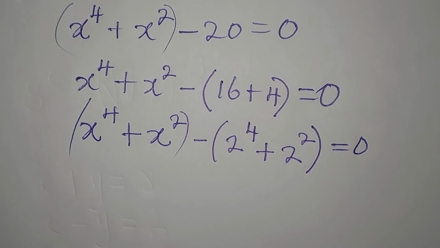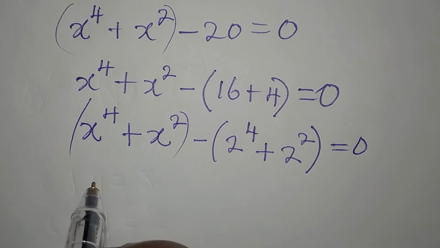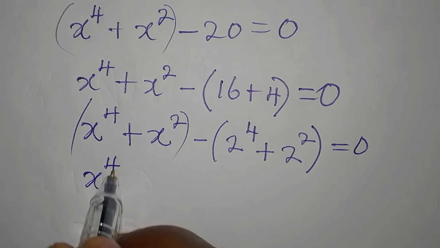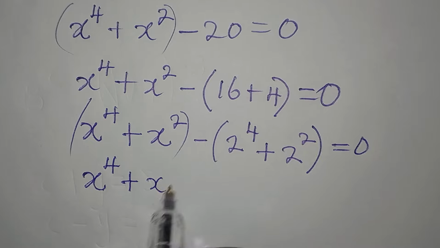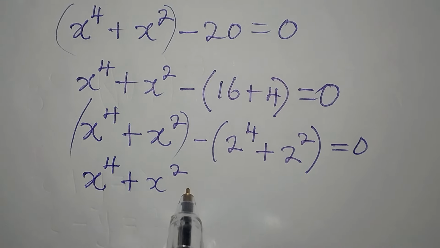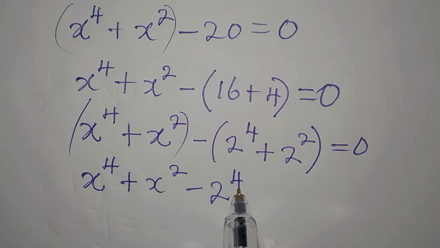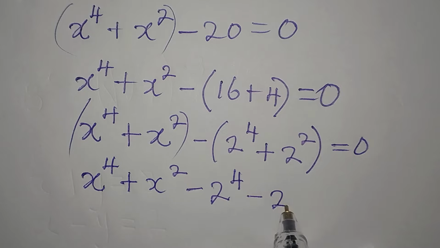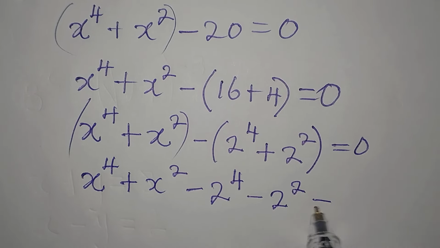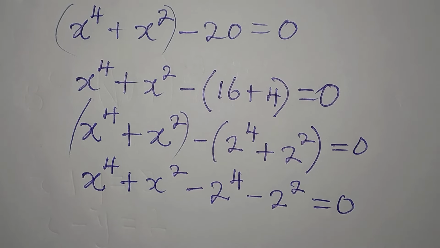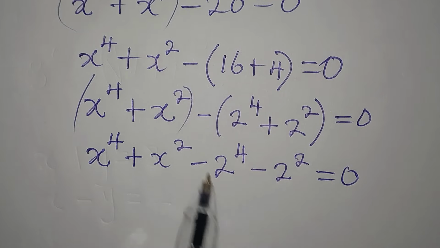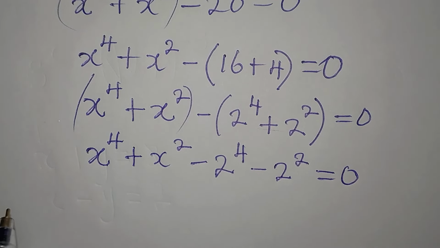Then if you go ahead again, you can open the bracket. So you have x to the power of 4 plus x to the power of 2 minus 2 to the power of 4 minus 2 again to the power of 2 equals 0. This is because the negative here will open this and this will turn to negative.